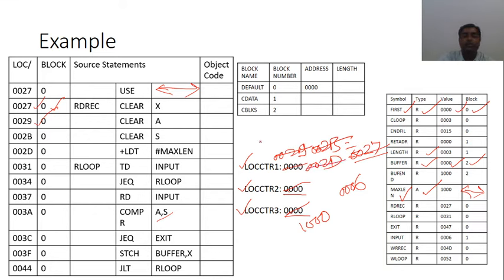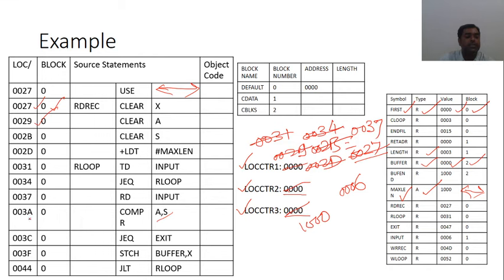This value becomes 0031. Format 3 instruction. So the next value becomes 0034. This value becomes 0034. Format 3 instruction. The next address becomes 0037. So it is 0037.